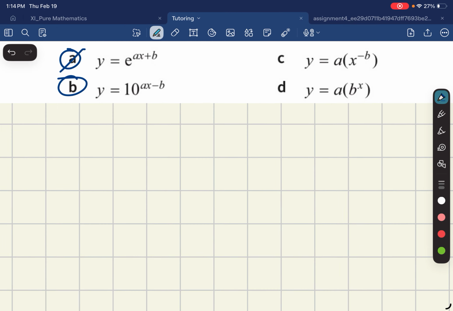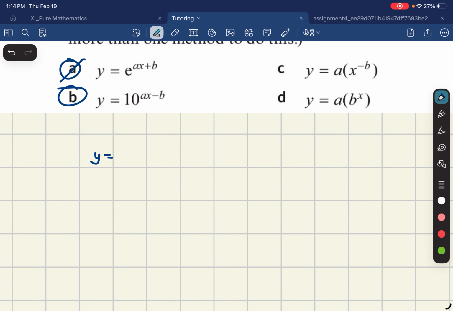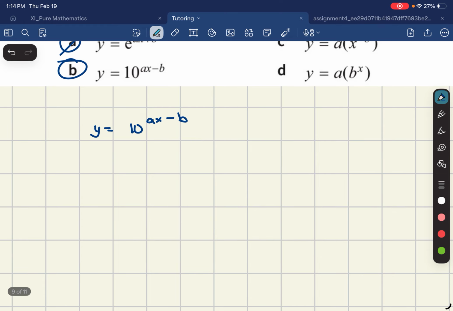Now b. y is equal to 10 to the power ax minus b. We can take the natural log. We can also take log base 10. Both of them work. And because your calculator has the built-in natural log and log base 10, you can also work with log base 10, because you end up getting the same answer.